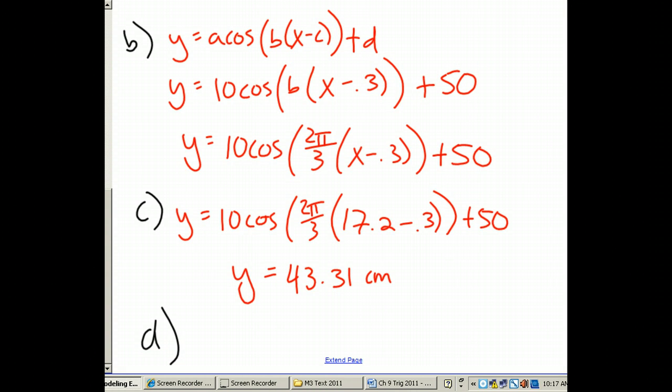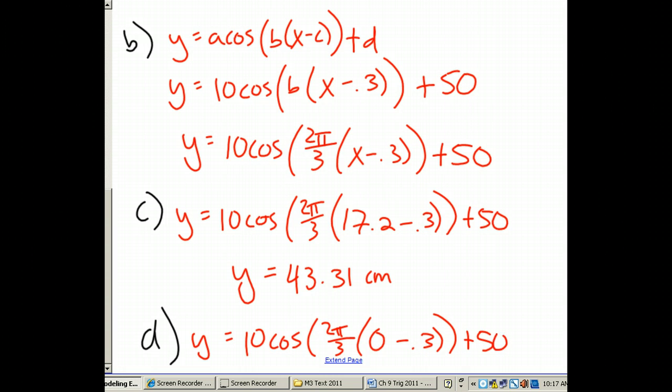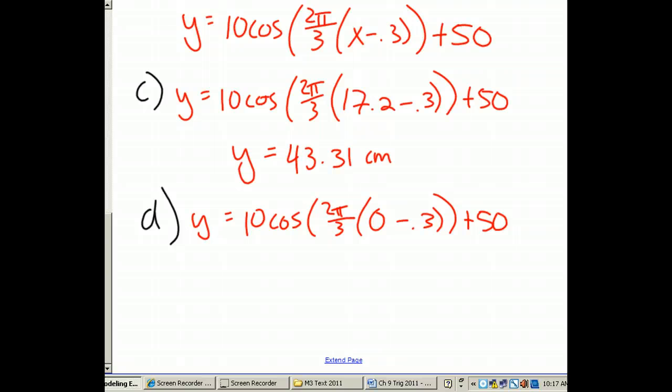So our equation here would look like y equals 10 cosine 2 pi over 3, replacing x with 0, then plus 50. Again, you can do the math algebraically, or if you can do it on your calculator, go ahead and do that right now at home. And when you get your answer, your y should come out to be about 58.09. And again, we're in centimeters, so let's make sure we label.